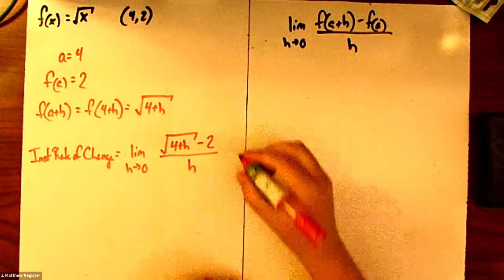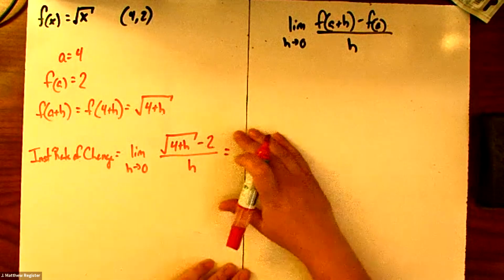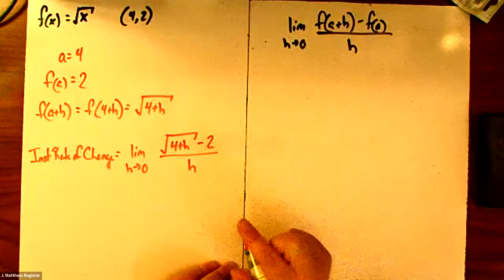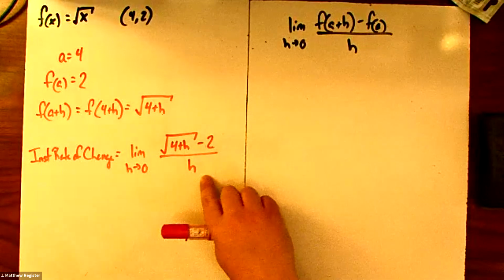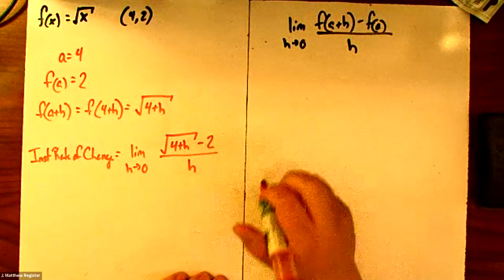So from here, we can then do the same trick that we did with the last one. We're going to use the conjugate. Because right now we can't plug 0 in for h. When we do that, we would be dividing by 0. It would actually be 0 over 0.